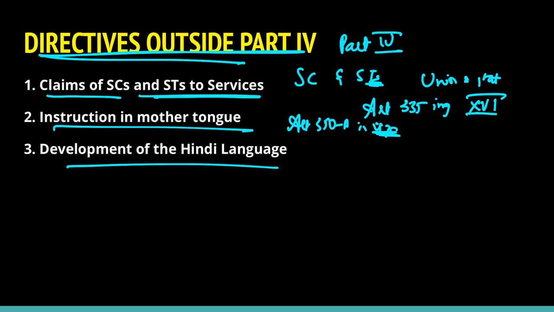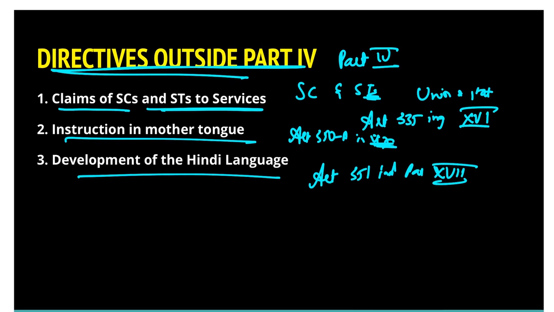Development of Hindi language. Article 351 in Part 17 states that it shall be the duty of the Union to promote the spread of the Hindi language and develop it so that it may serve as a medium of expression for all the elements of the composite culture of India.